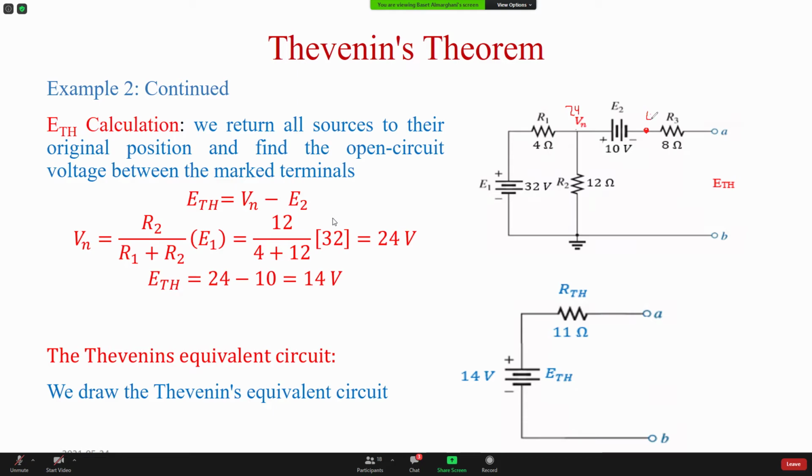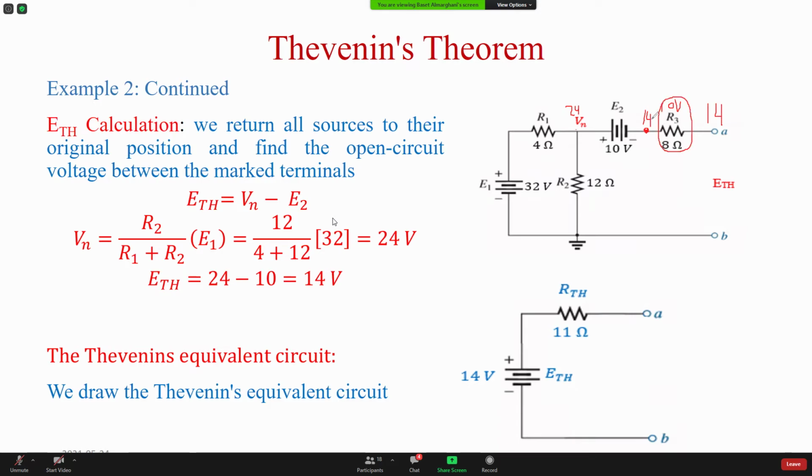So this is 14. Okay, what is the voltage at A? This is 0 volt because there's no current here. So if there is no loss here and no gain, 0 volt.